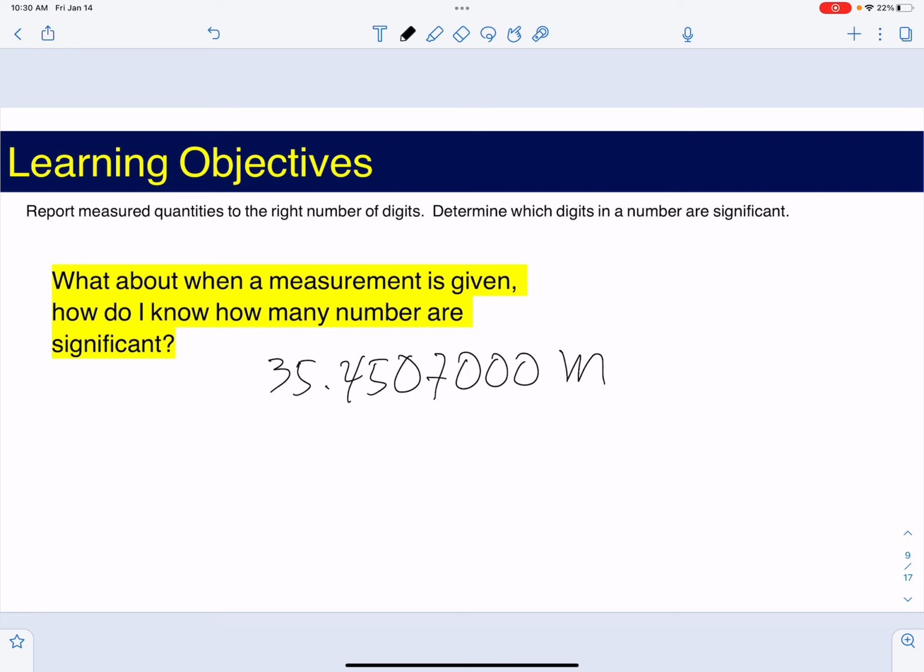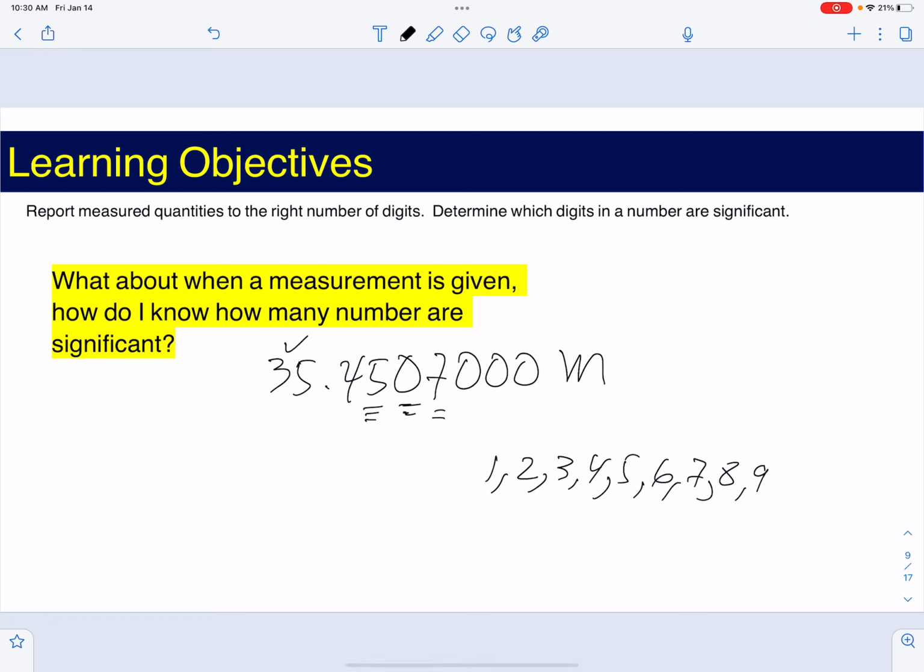Well, if you go to your textbook, you're going to see that there are like 7 rules that tell you how to determine that. If you have a sandwich zero, basically a zero between 2 numbers, that's significant. Any number, 1, 2, 3, 4, 5, 6, 7, 8, or 9, any digit, is significant.